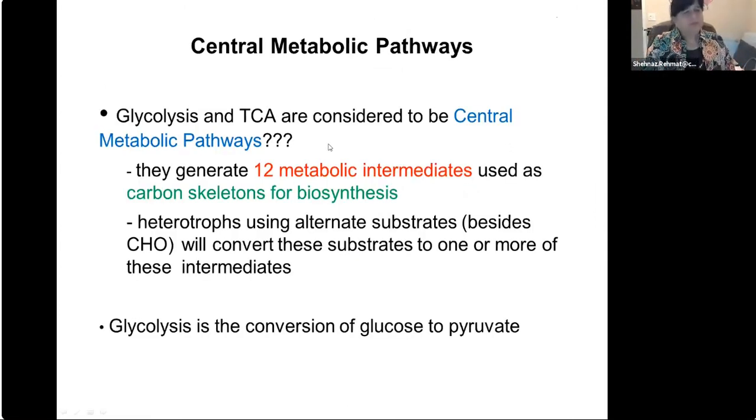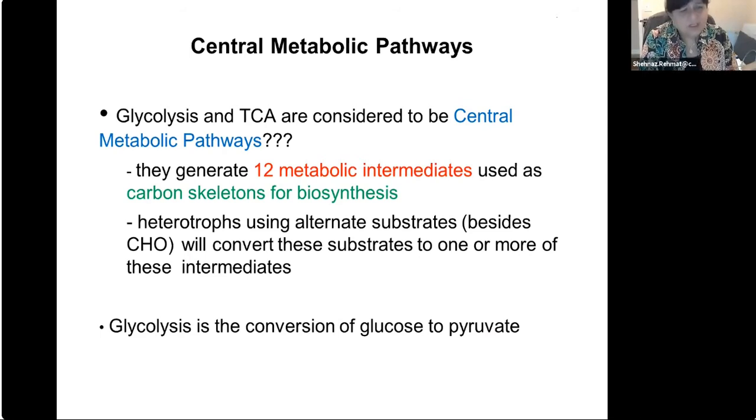Now we talk a little bit about something called central metabolic pathways. Now, most living cells try to use some pathways as their main pathways. So as such, glycolysis and TCA are considered to be the central metabolic pathways. Why?